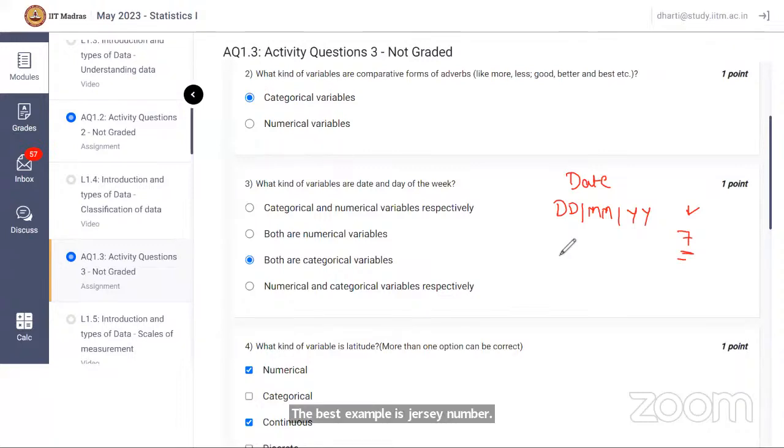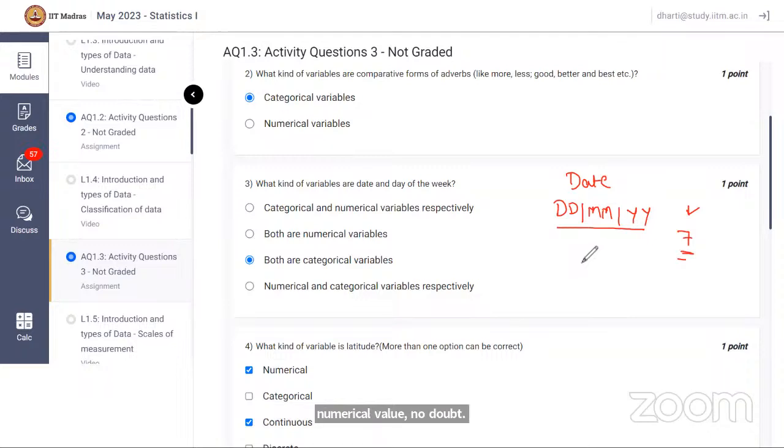Even though it's taking values 1, 2, 3, 4, 5, 17, 18, still it's not numerical data. It's categorical data. Why? Because those numbers do not have any sense. When it comes to bifurcating between categorical and numerical, be very careful. Even though it's taking numerical values, no doubt, still it's not a numerical variable.